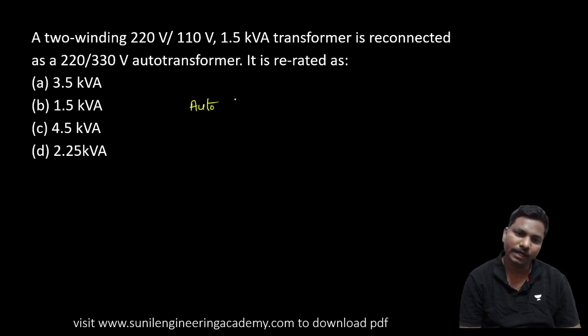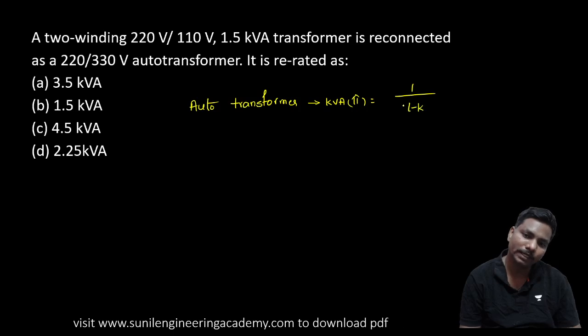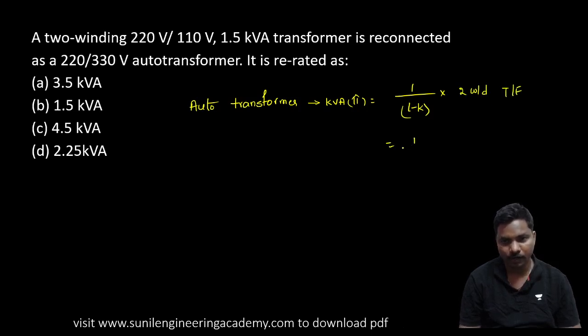Coming to the kVA rating of the autotransformer, the kVA rating increases. So just remember that. Increases means 1 by 1 minus K times that of the two winding transformer. Here 1 by 1 minus K, where K is the transformer LV by HV.